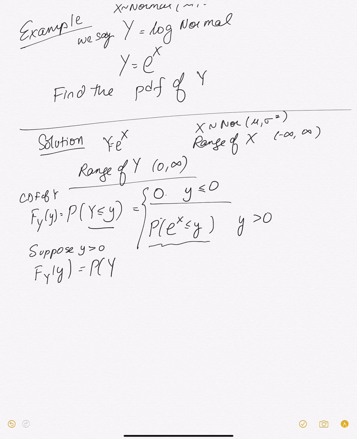F sub y of y is the probability y is less than or equal to little y. That's the probability e to the x is less than or equal to y. X is random, e to the x is random. That's a random variable y. And now what do we want to do? We know stuff about x, so we're going to try and isolate x. How do we do that? We take log of both sides.